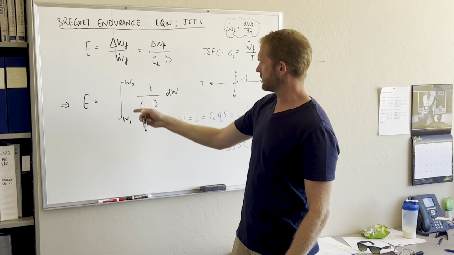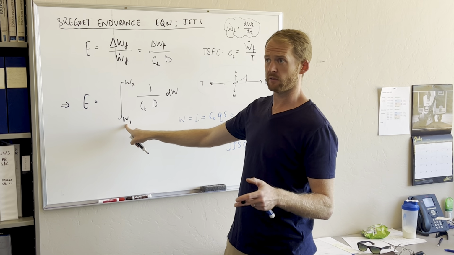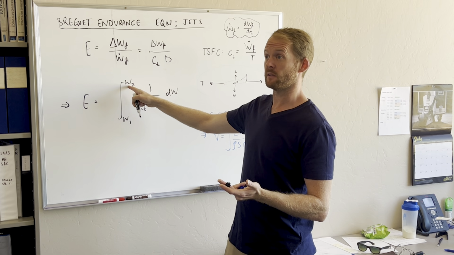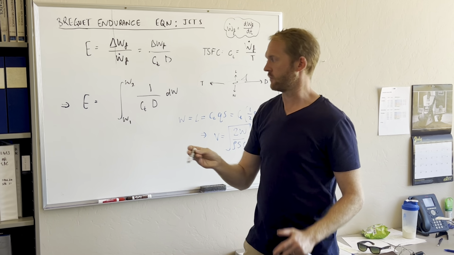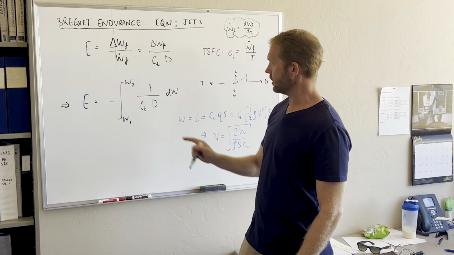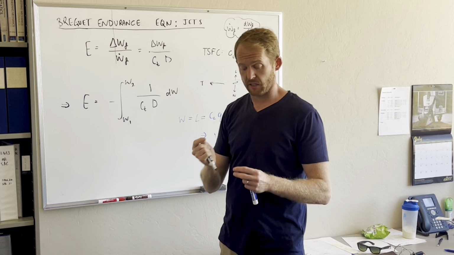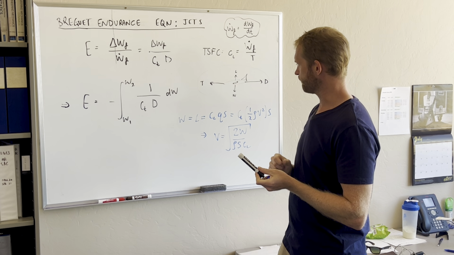And one last thing that I need here is, because if W1 is our starting weight and our W2 term is our ending weight, W2 is always less than W1, isn't it? So we're always burning fuel. We need a negative sign right there. So if we make this integration, we should arrive directly at the Breguet equation for endurance, specifically for a jet.